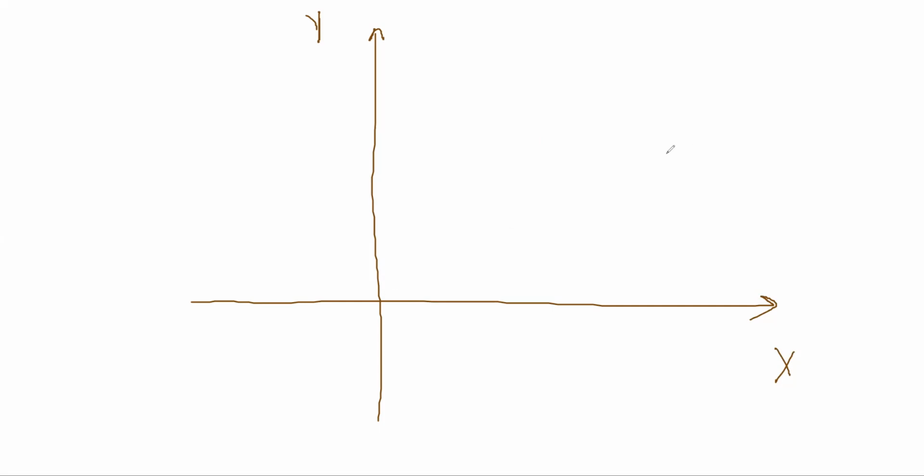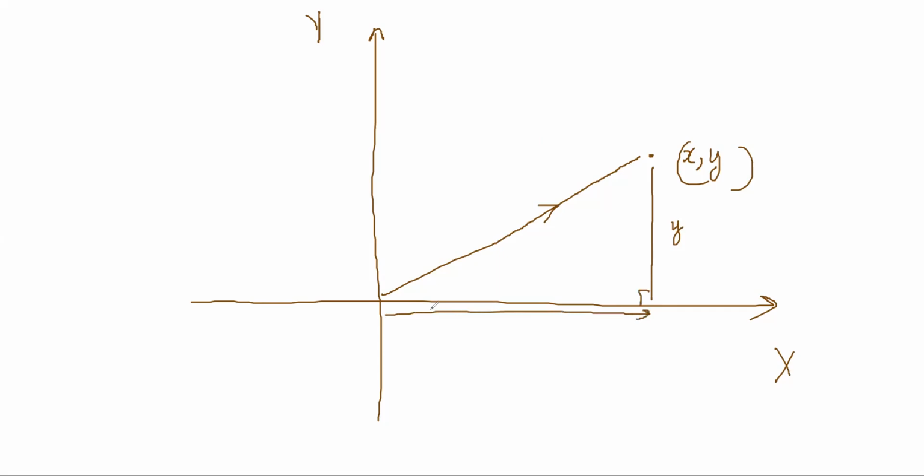So any point in the xy axis, this is xy coordinates. What does it mean? It means that this distance is y and this distance is x, right? Now, if I wanted to specify this point P, there was another way that I could have specified it.